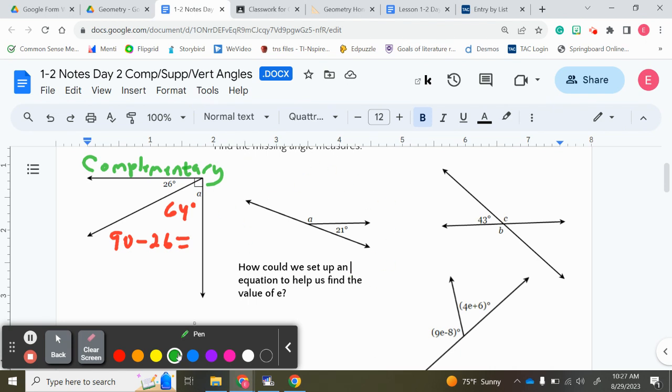If we look at the second example, we see that it lands on a line. When it lands on a line, how many degrees is a line? Who can tell me that? Go ahead. 180. So we have a total of 180. In order to find this angle, I'm going to take 180 minus 21, leaving me with a total of 159 degrees.